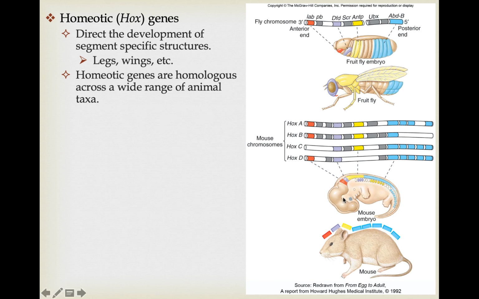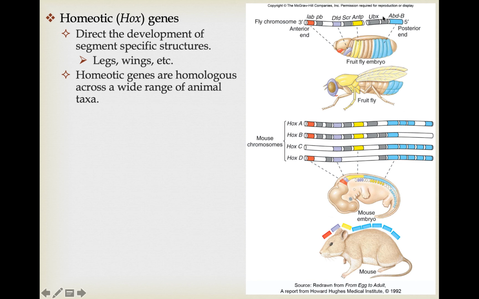So here we see in the mouse embryo, the colorations here are talking about different Hox genes that are homologous, or related due to a common ancestry, with the same genes that are seen in insects. Notice that we have many more of these. We have multiple copies. So we're going to see later in the semester that one of the things that could explain the success of vertebrates is they went through this mutational situation where they went to polyploidy, where they doubled entire sets of chromosomes.